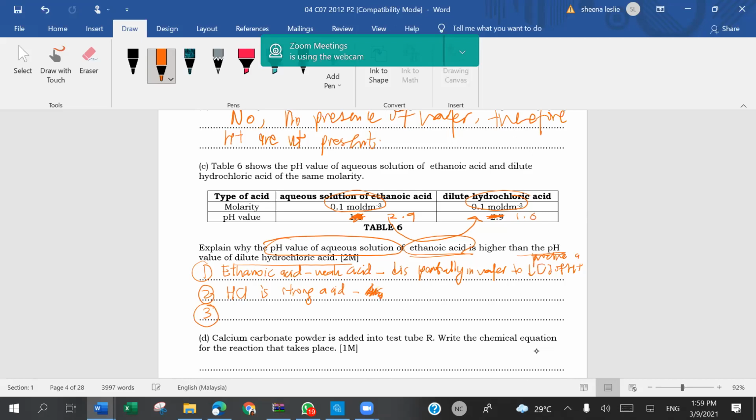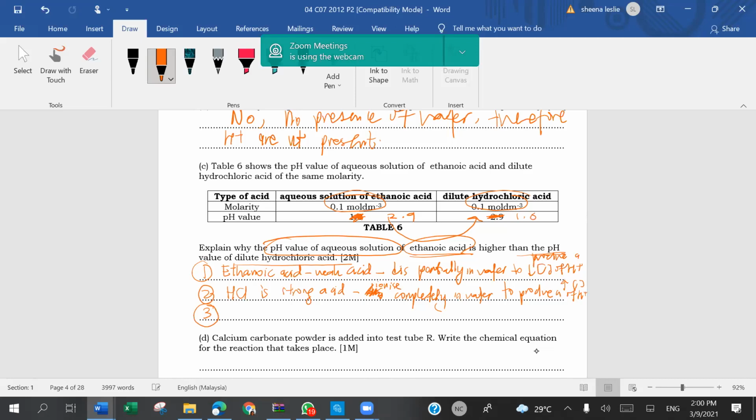Ionize is also possible, both words are okay. Ionizes completely in water. In the exam, some students put ionize completely. Cannot, it must be in water, yeah? To produce what? Another person. High concentration of hydrogen ions. Very good. A high concentration of hydrogen ions.